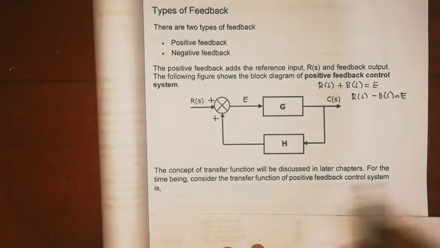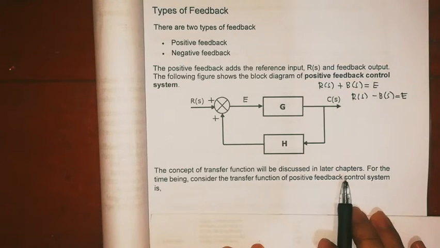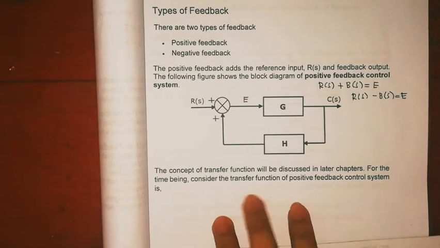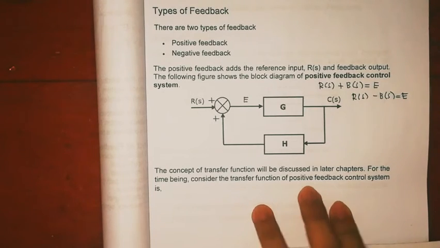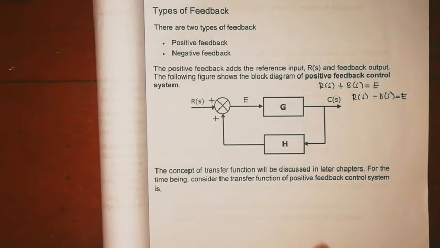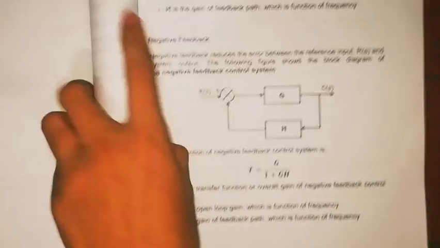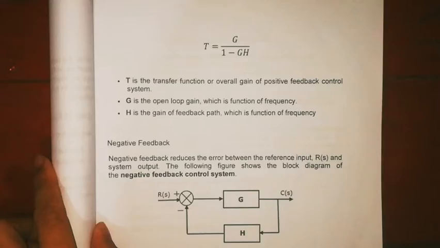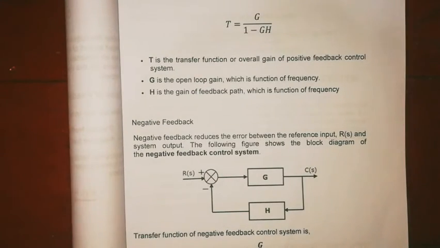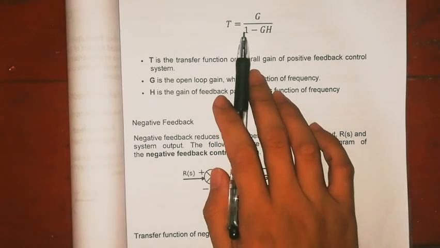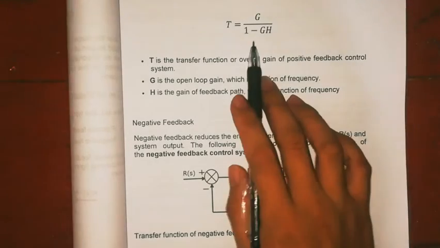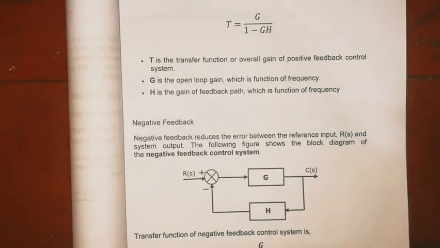The concept of transfer function will be discussed in the later chapter. For the time being, consider the transfer function of positive feedback control system. So, magko-compute tayo ng transfer function. So, for positive feedback, T is equals to G over 1 minus GH.